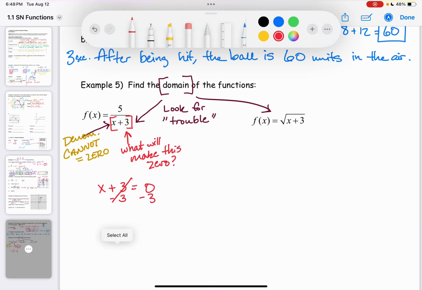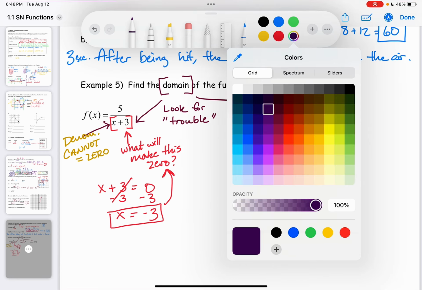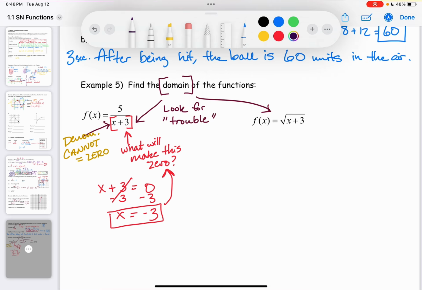When x equals negative 3, that will be 0. So what did we just say? It can't equal 0. So the reason you find out what makes it equal 0 is because this answer is not allowed. Now you would ask yourself, did any other numbers make it 0? No. So if every other possible number except negative 3 works, how would you write that?